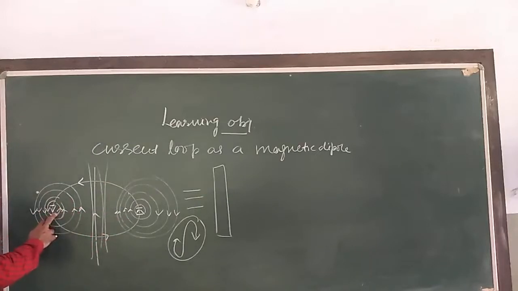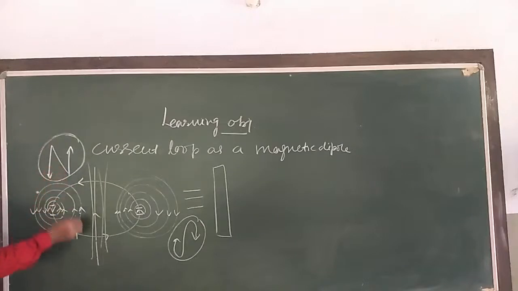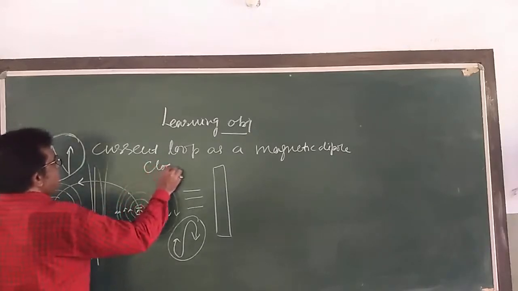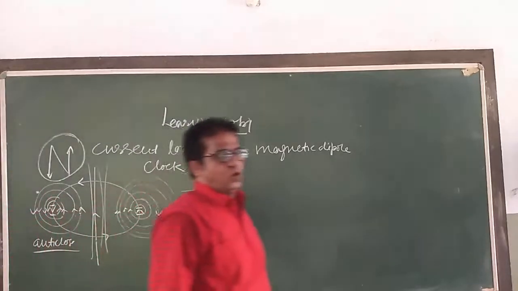The upper face, through which the field lines leave, behaves as a north pole because the current there is anti-clockwise. So one face is a south pole and the other face is a north pole.